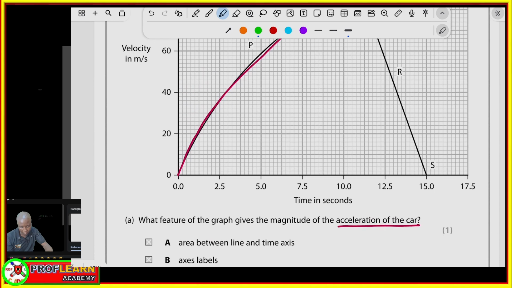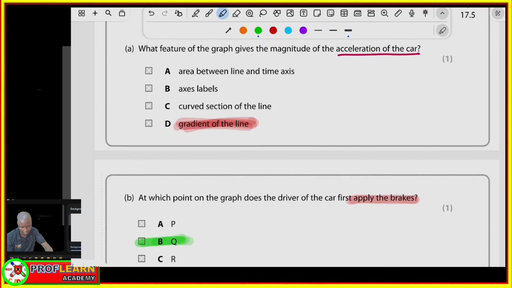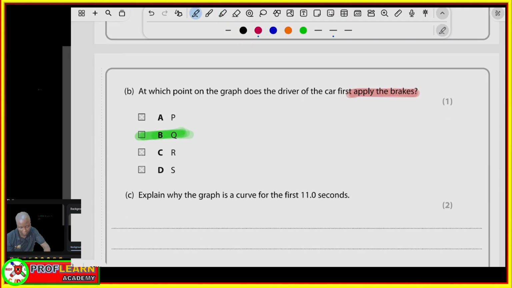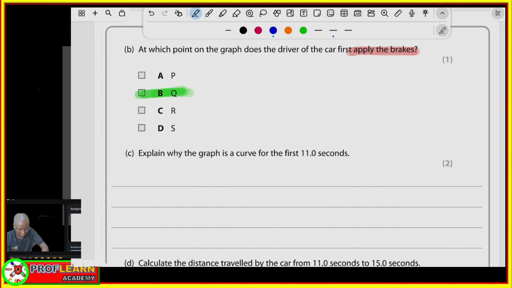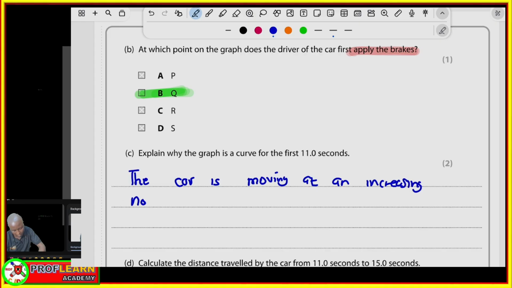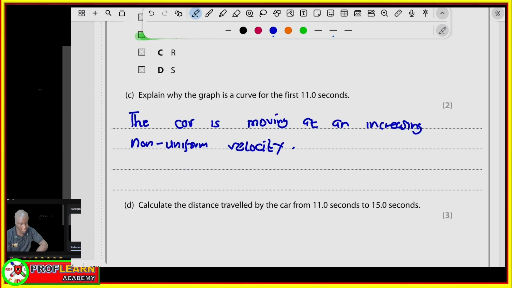The car is moving at an increasing non-uniform velocity.